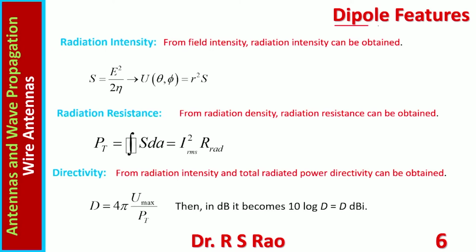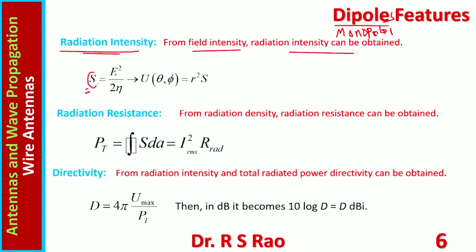Here we consider dipoles as well as monopoles. We have two monopoles, one a short monopole, another a quarter wave monopole. Whatever we are going to discuss here applies to monopoles too. Now, radiation intensity. From field intensity, radiation intensity can be obtained. S equals E square by 2 eta.